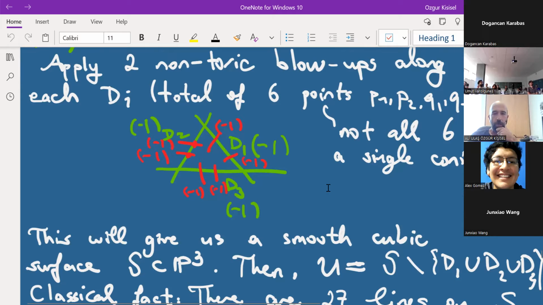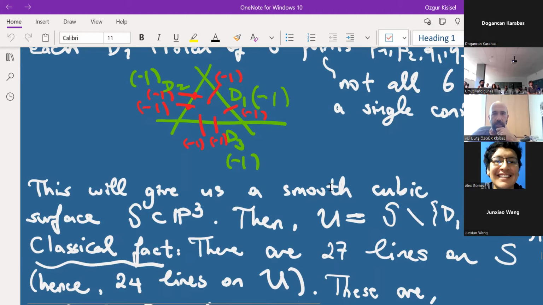Now, a very classical fact again, due back to Cayley, I suppose, is that there are 27 lines on any smooth complex cubic surface. So if you remove these 3 green lines, you'll have 24 on U. Right.